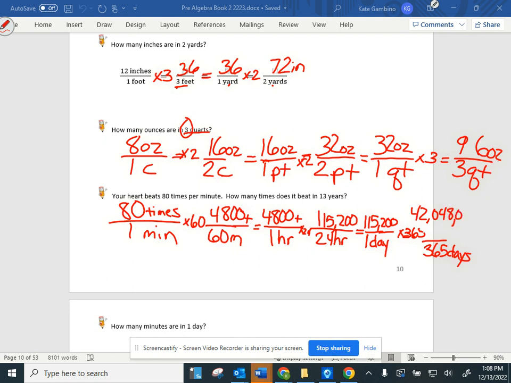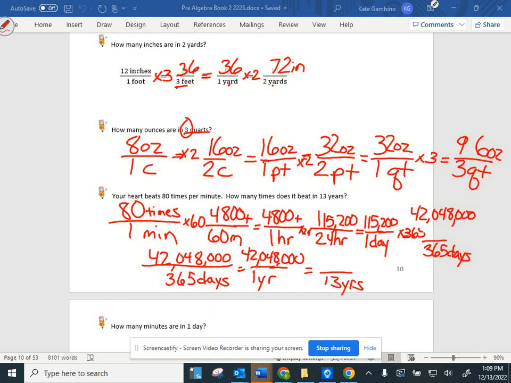48,000 beats. So 42 million, 48,000 over 365 days equals what? 1 year. Equals 1 year. And then we want to go to 13 years.